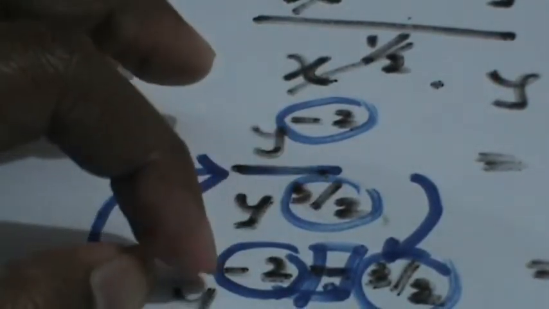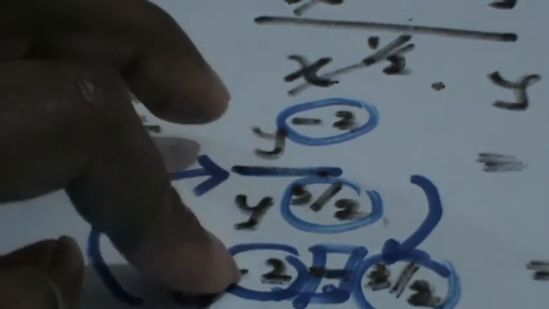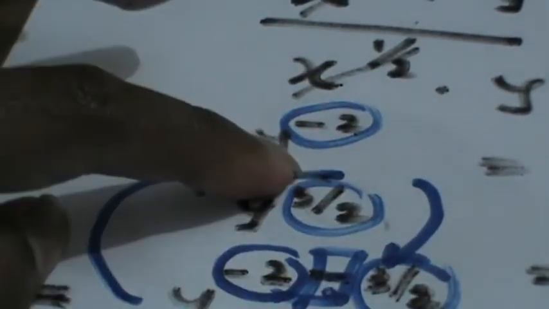So if you have y to the power a divided by y to the power b, you can easily say this is also equal to y to the power a minus b. Conversely, if you have something like that, y to the power a minus b, you are taking the same base but the powers are different. We can say y to the power a minus b is also equal to y to the power a, and since this is a subtraction or a minus sign, divided by y to the power b.